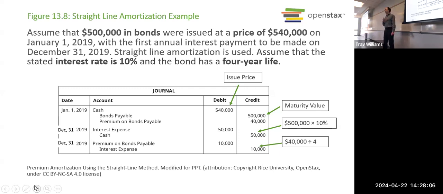Now, why would they pay us a premium? They would do that if the interest rate that they're getting with us is higher than what they can get from similar bonds out in the market. So if interest rates have gone down since we got our bonds approved, because you have to go through the state and say, I want to sell this many bonds at this particular price.